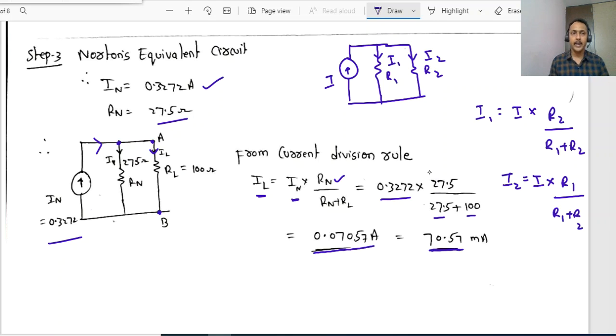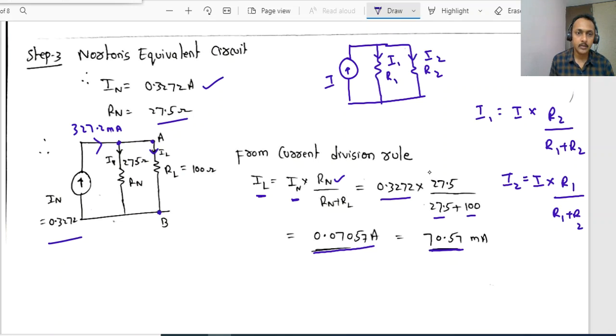So by applying Norton's theorem, we have calculated the current flowing through the resistor RL. Its value is 70.57 milliamps. Clear? What is the total input current here? 327.2 milliamps is entering.